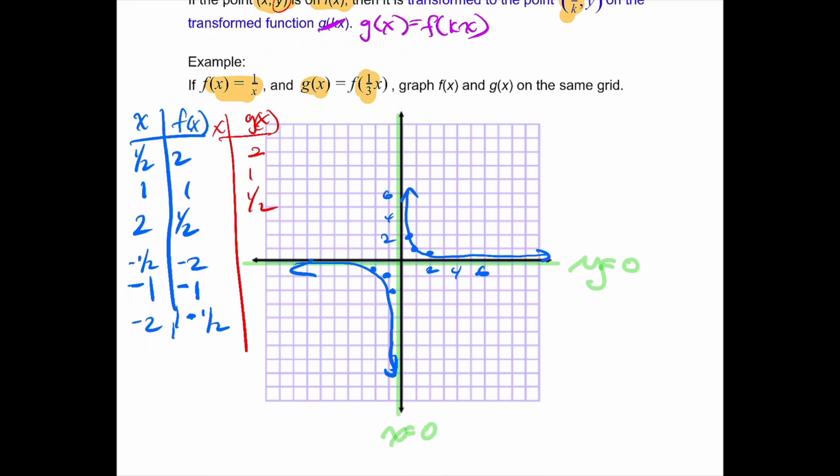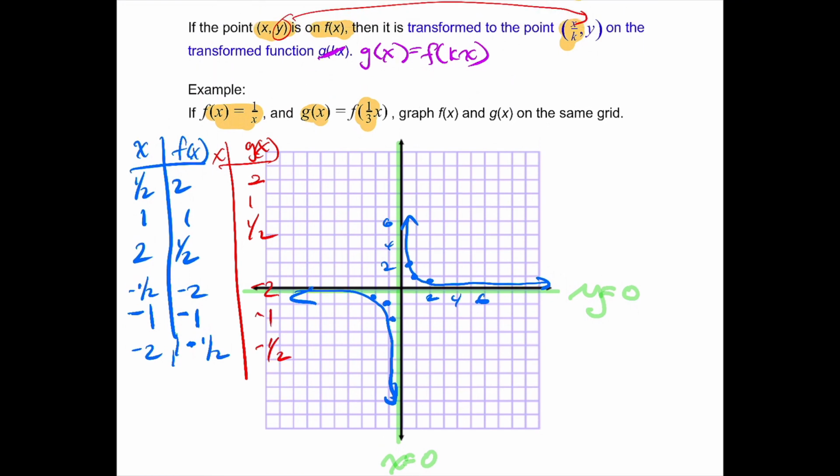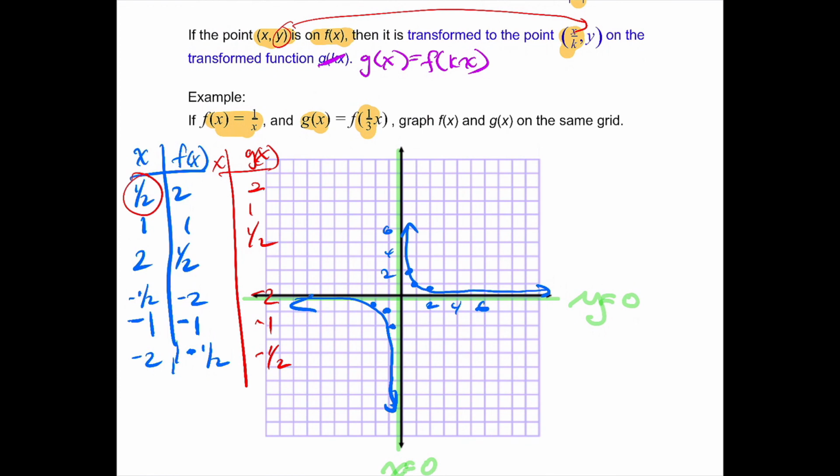But we'll have to look at the x. So here we need to take the original x value and divide by k. So what's my k value in this? It's actually 1/3, right? Because it's 1/3 being multiplied to x. So when we divide by k, we're dividing by a third.